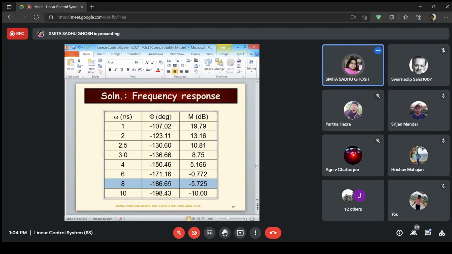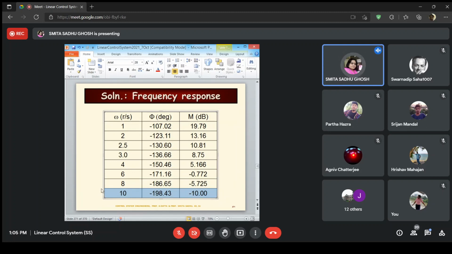So if I place my lead compensator at 8 radians per second, the amount of gain that I would be wanting from my compensator would be plus 5.725 decibels, so that overall, after the compensator is applied on this system, the gain value is going to be minus 5.7 plus 5.7, which is going to be 0 decibels, and that is going to make 8 radians per second the gain crossover frequency of the compensated system, right? So similarly, for 10 radians per second, I can place it at 10 radians per second.